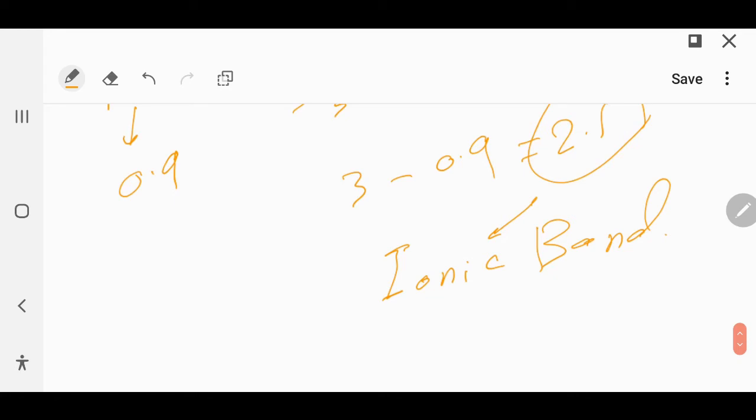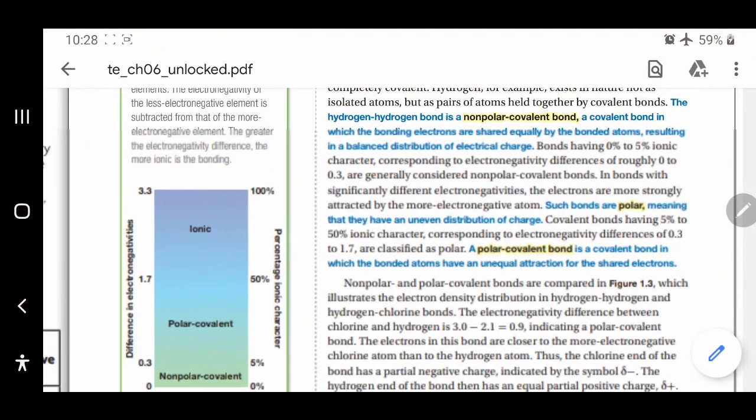Many factors affect the bond, depending on the size of the atom, how many valence electrons we have, what type of valence orbitals are in each atom, and the electronegativity difference is not always very clear for us. So just take it as general knowledge.